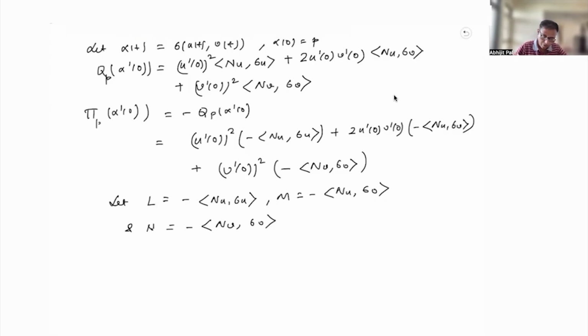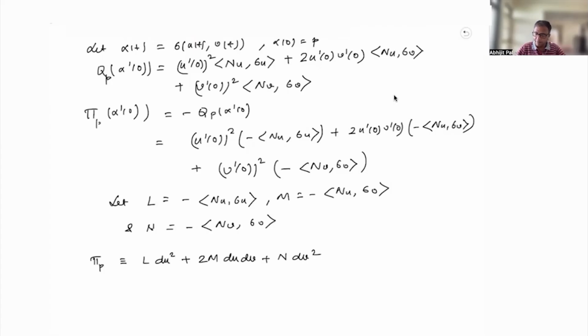Okay, so this II_p, with respect to this coordinate map sigma, is the same thing as L du square plus twice M du dv plus N dv square.